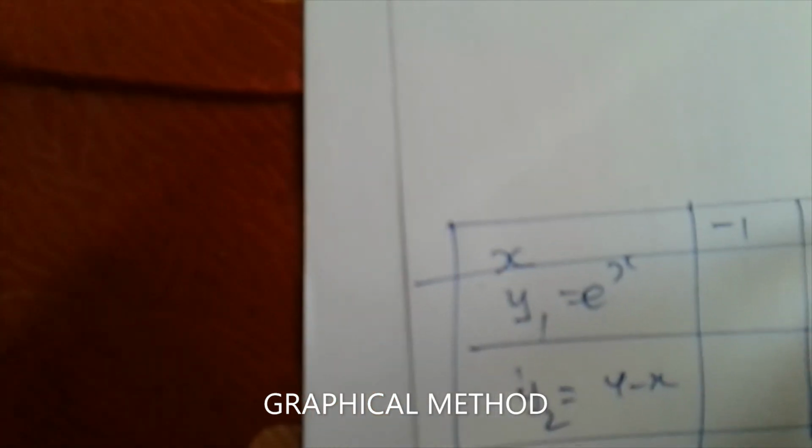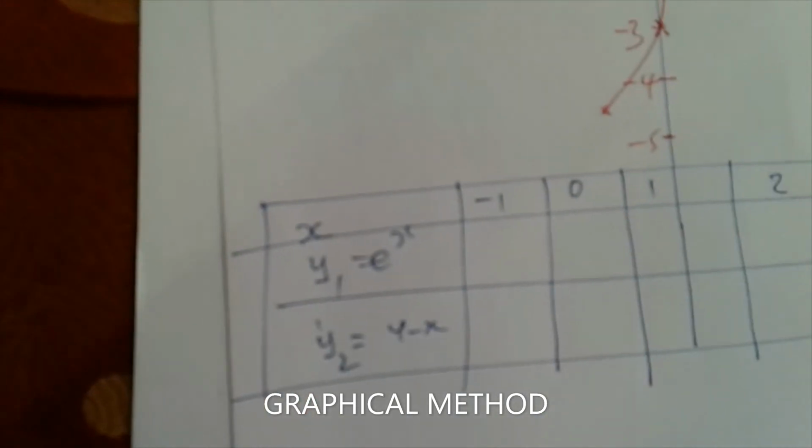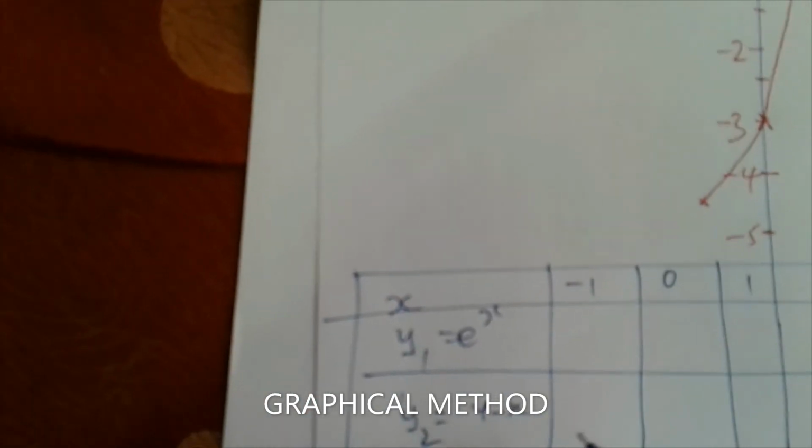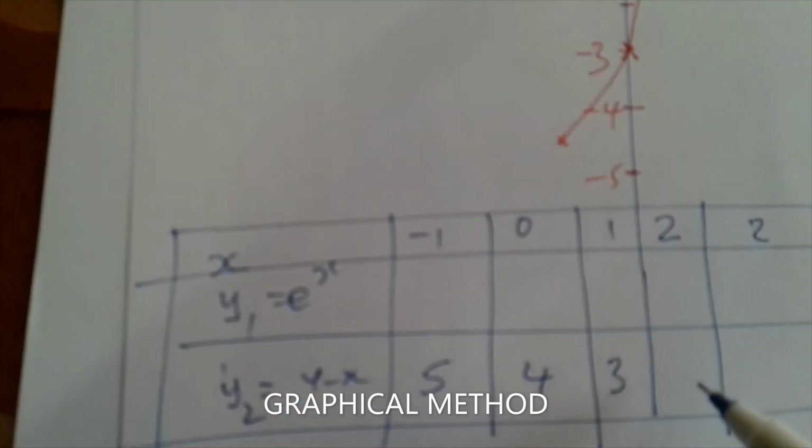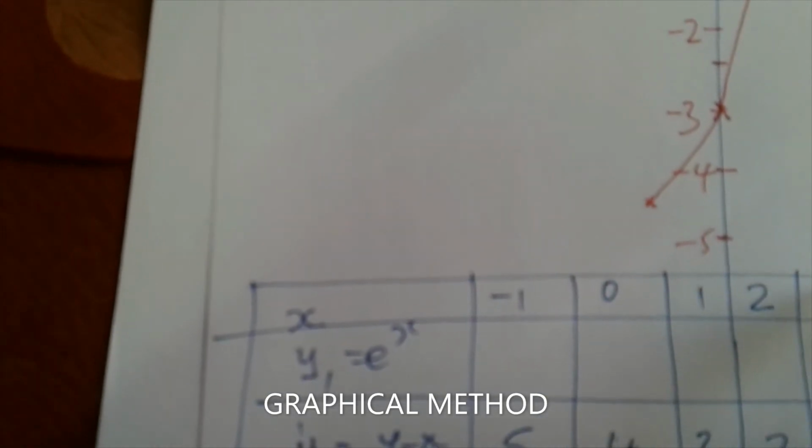We can similarly say x from -1, then 0, then 1, then 2, then 3. The values of y equal to 4 minus x will be 5, 4, 3, then at 2 it will be 2, at 3 it will be 1.